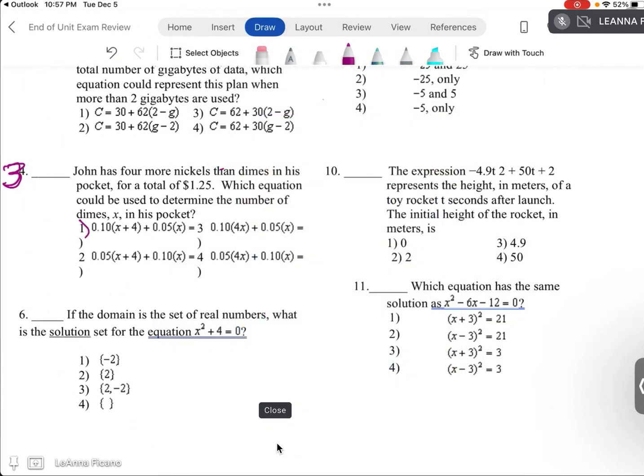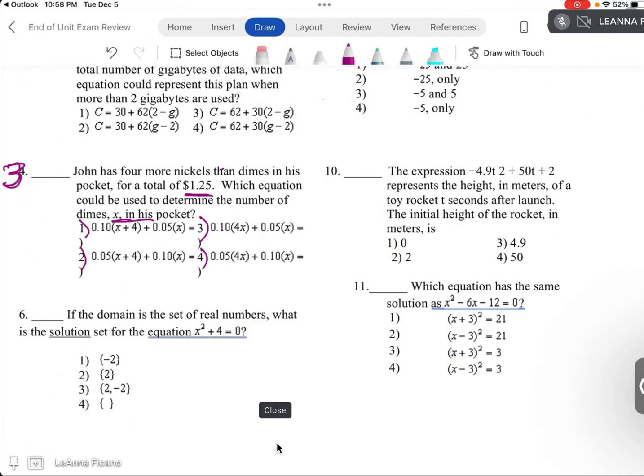When I print it for you, hopefully it'll be in a better condition. Okay, John has 4 more nickels than dimes in his pocket for a total of $1.25. Which equation could be used to determine the number of dimes, X, in his pocket?